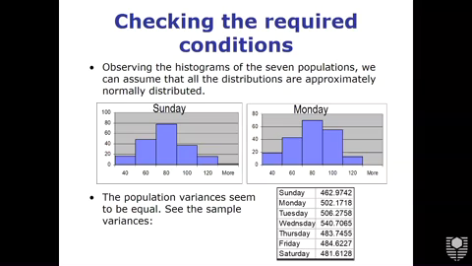Right, guys? Use data analysis. We need to follow the steps, check the normality, and check the variance. And then data analysis, ANOVA two-factor without replication.